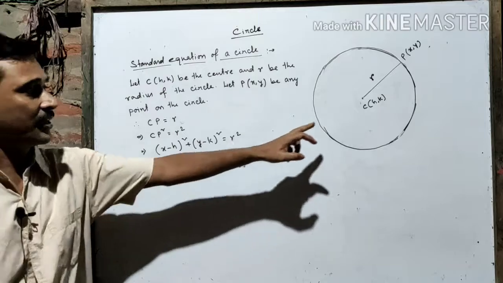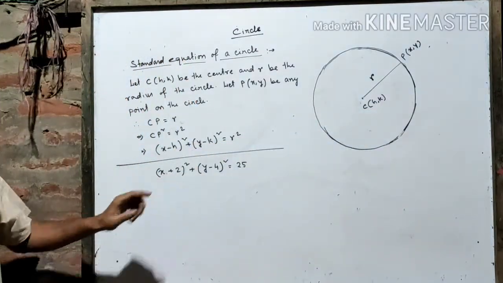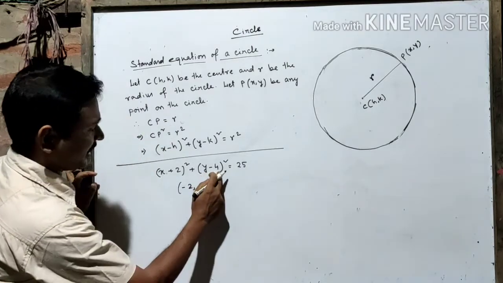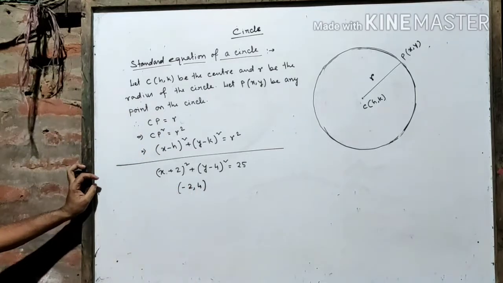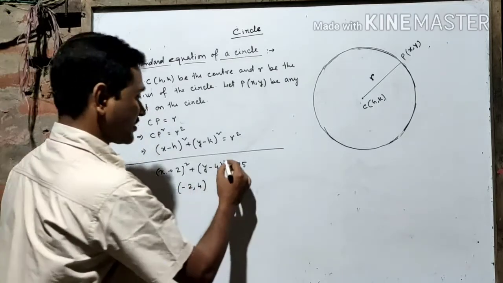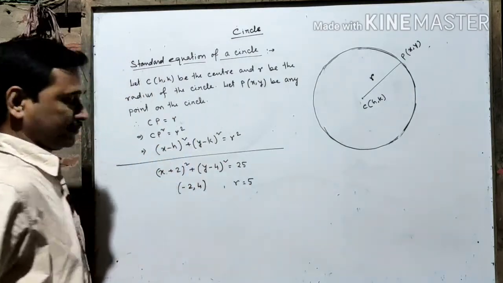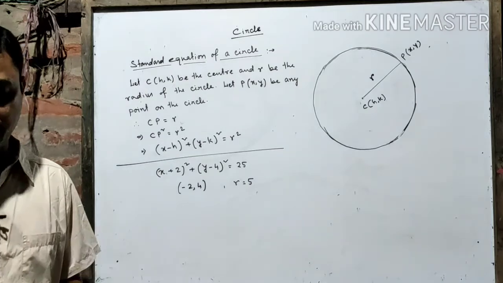These (h, k) are the coordinates of the center of the circle. So here, x minus h is x plus 2, so the x coordinate of the center will be -2, and k is 4. So (-2, 4) is the center of the circle. And what is the radius? 25 means 5 square, so the radius of the circle is 5.